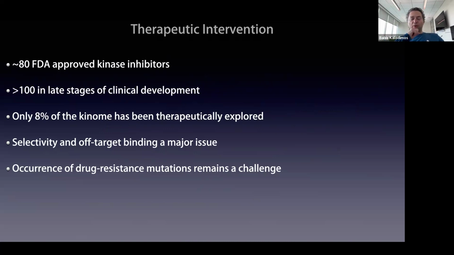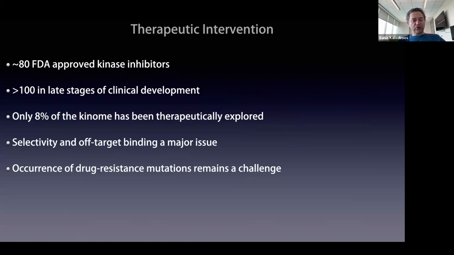But something to keep in mind is, although out of these 500 plus kinases the majority are involved in one way or the other in disease, only 8% of the kinome has been therapeutically explored. That really means there are great opportunities for someone to go after some of these underexplored kinases.